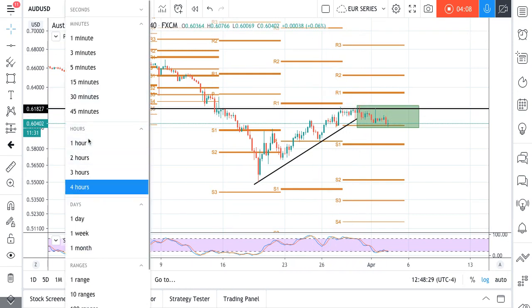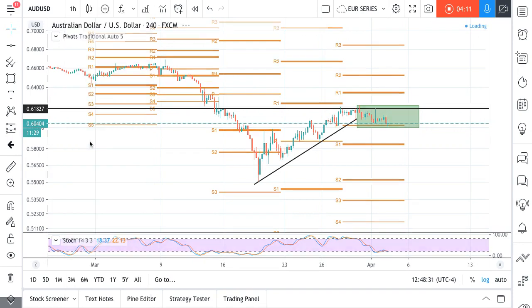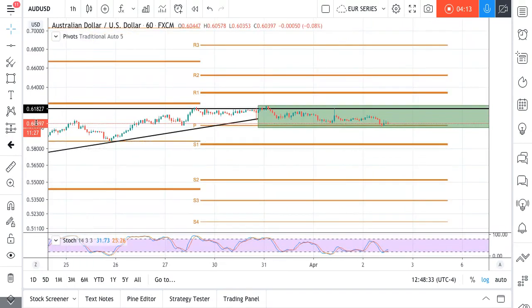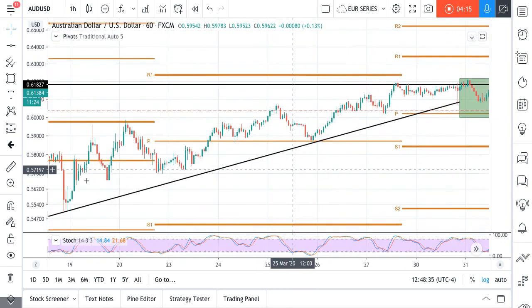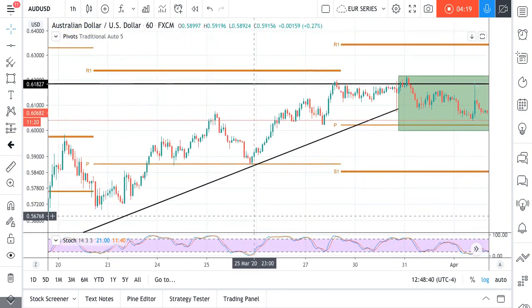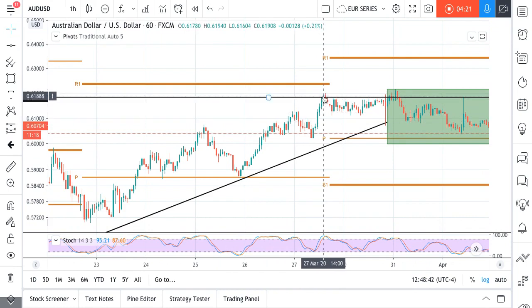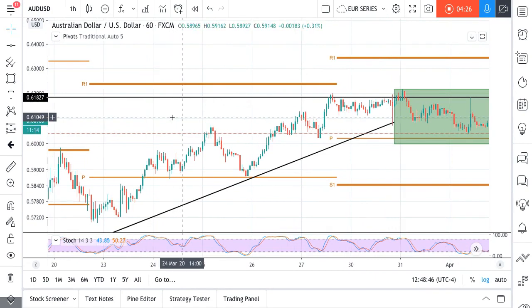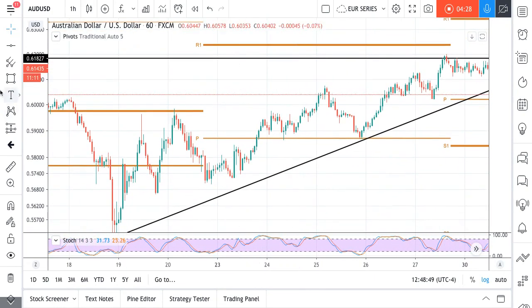So now we have our plots pointing, we have our pivot points. We go to the 1-hour chart. Go to the 1-hour chart right here and check this out. This is an example of a double top here. Let's see some more examples of a double top.